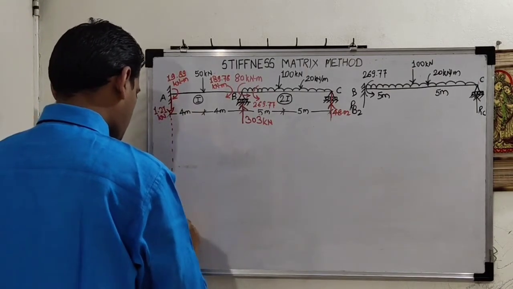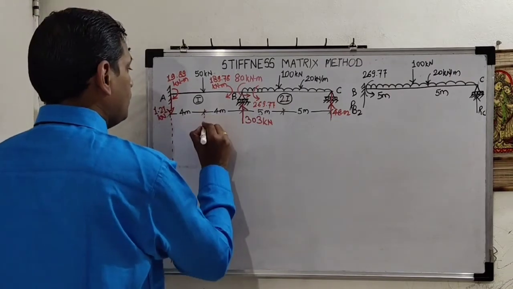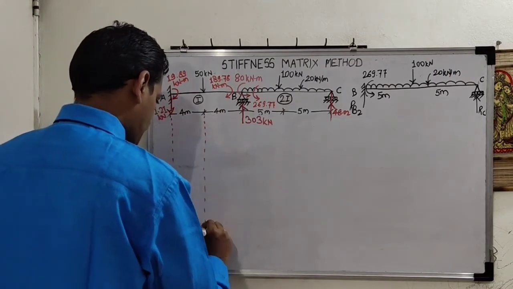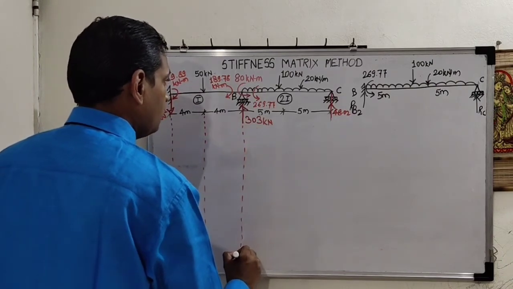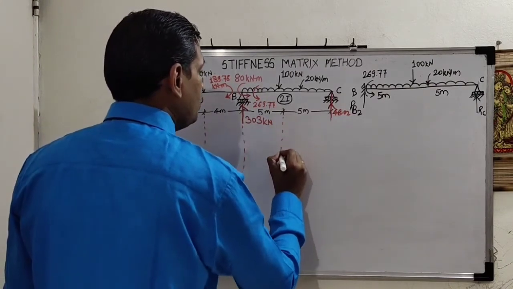I will take these projections first for the ease of drawing these two diagrams, and there will be prominent points also which will be locations of zero shear force.